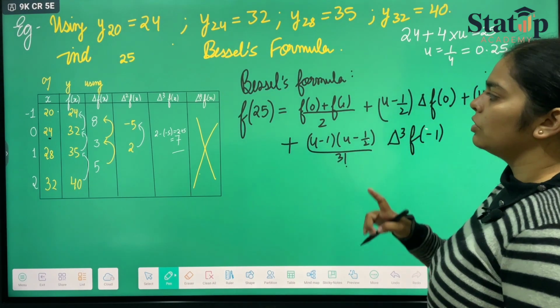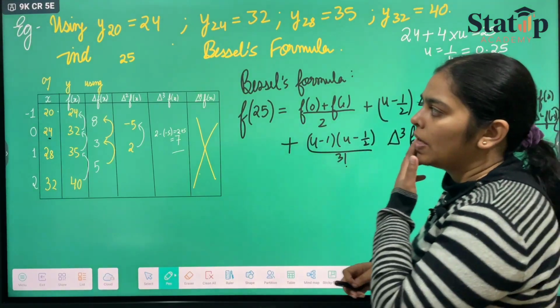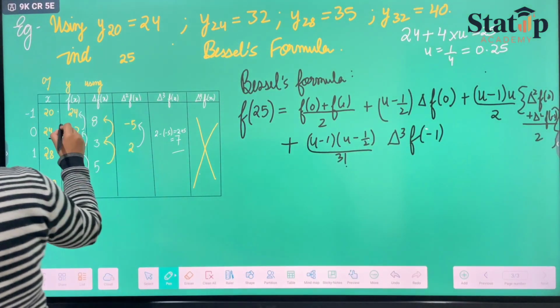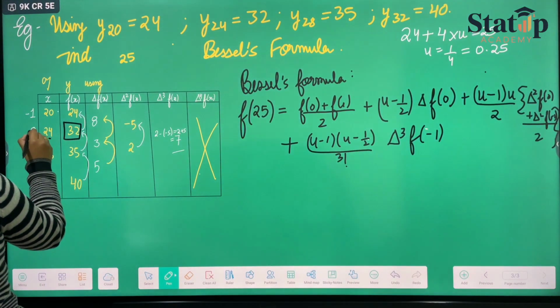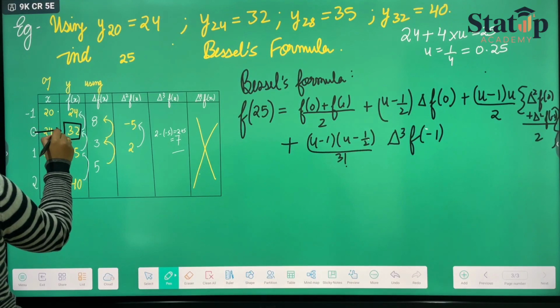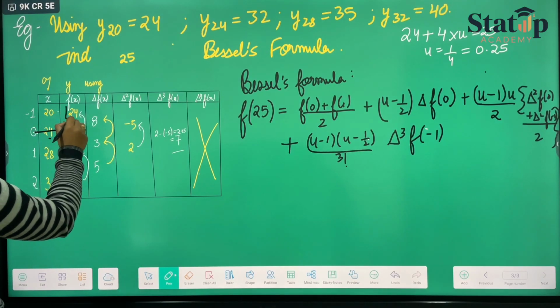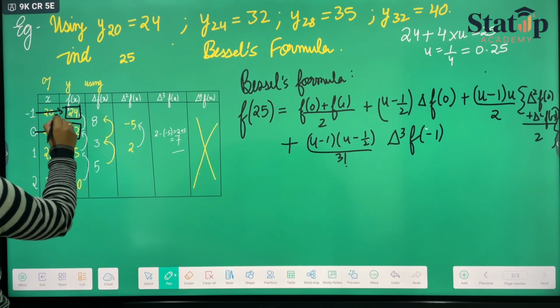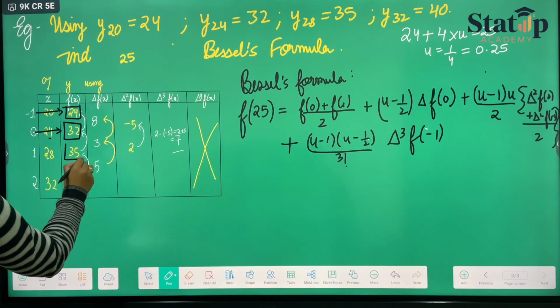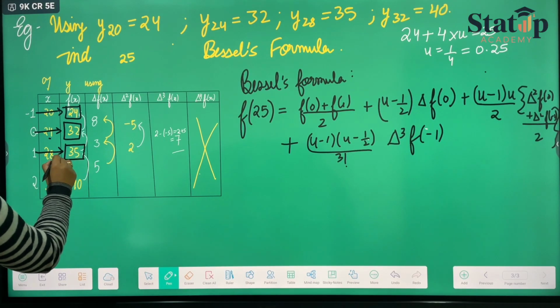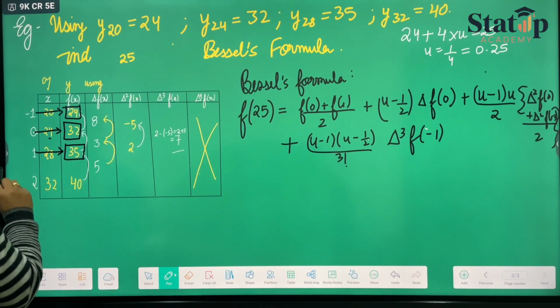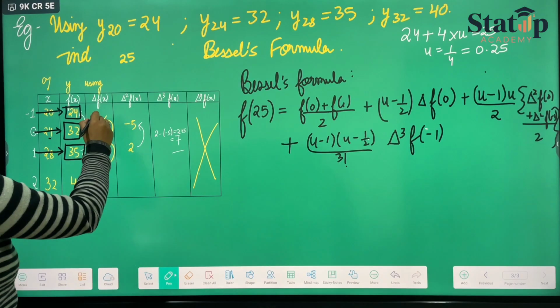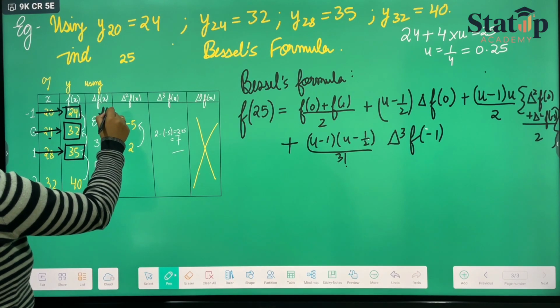So we've got the value of u and f naught. Now this is the value of f naught. The one corresponding to 0 is the value of f naught. The one corresponding to minus 1 is the value of f minus 1, and the one corresponding to 1 is the value of f1. And this is delta of f minus 1.